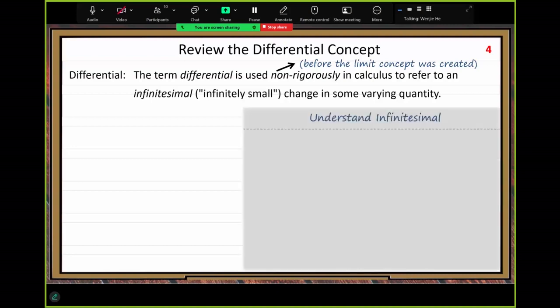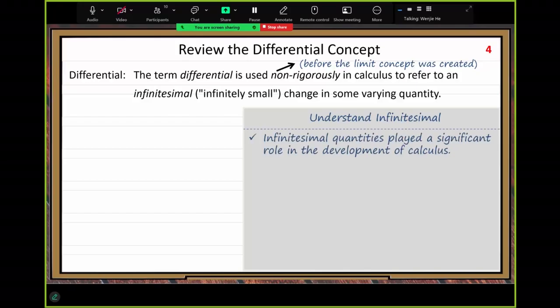Understand infinitesimal. Infinitesimal quantities played a significant role in the development of calculus. Early mathematicians needed this concept to develop calculus; otherwise, they could not do anything. Newton, Leibniz, those mathematicians couldn't do anything without this concept.